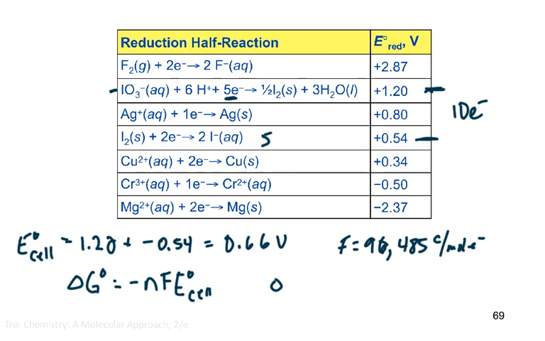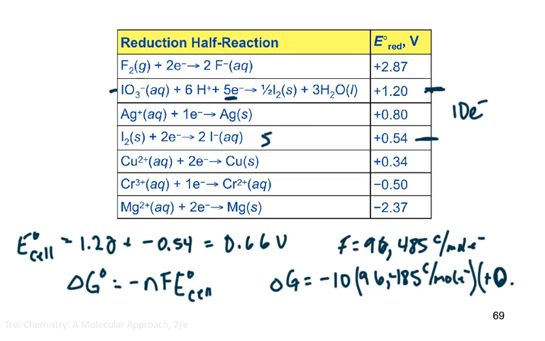So my delta G is going to be negative 10 times 96,485 coulombs per mole times my cell potential, which is positive 0.66 volts, and volts is joules per coulomb.